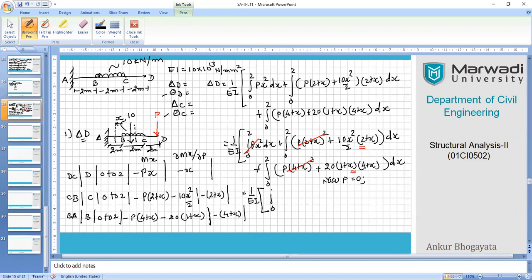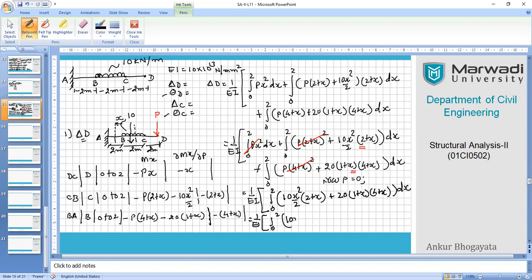So 0 to 2 meters. First is 10 x square by 2 into 2 plus x plus 20 into 1 plus x 4 plus x dx. So that is now reasonably small for us to handle. So let us expand it completely and then we will take integration. 0 to 2 meters. 2 and 2 get cancelled when multiplied.